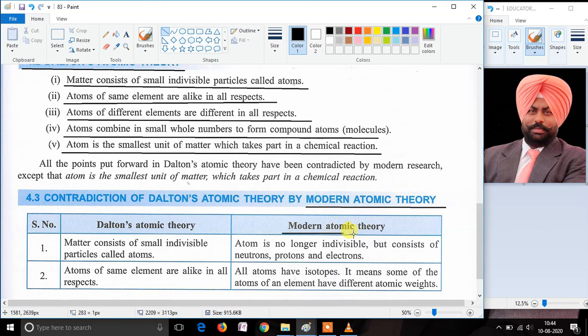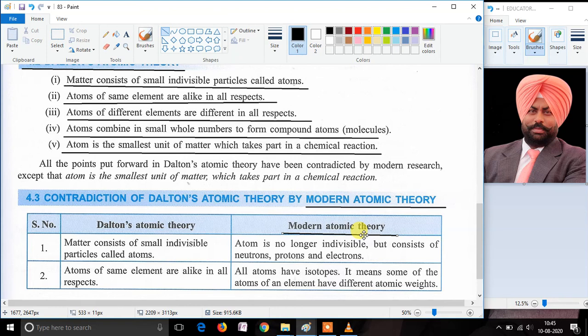This modern atomic theory is quite different from Dalton's atomic theory. The differences between the Dalton atomic theory and the modern atomic theory have been given in the book, and both theories are opposite to each other.